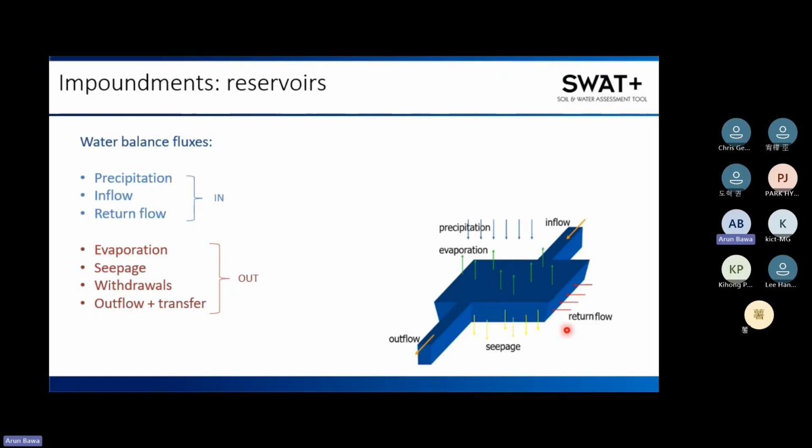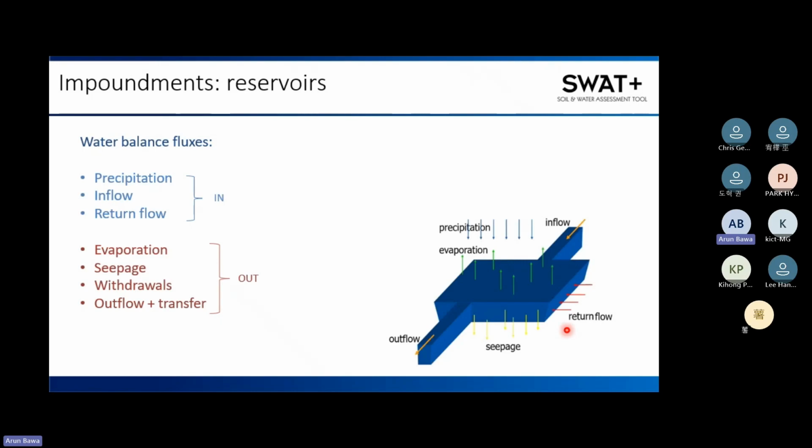So in SWAT+, you can have many inflows to a reservoir, but only one outflow to the next channel, because it is connected to a channel. But you can still distribute the water in many ways.